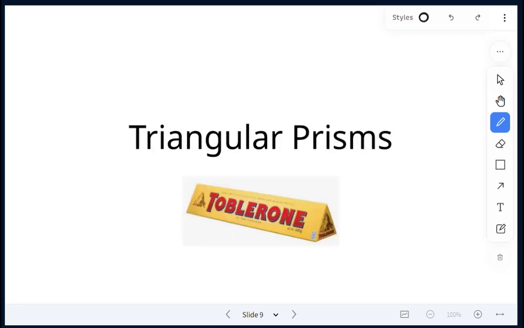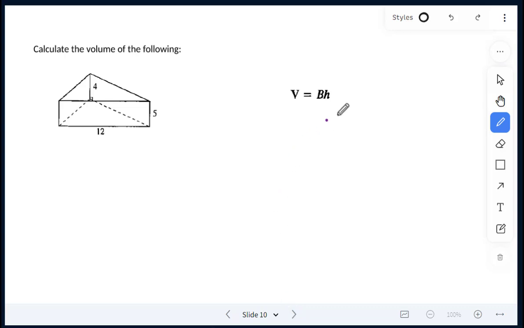Okay, so next, how do we calculate the volume of triangular prisms? So again, our volume is area of the base multiplied by height. Our bases are triangles. All right, so does anybody remember the area of a triangle?